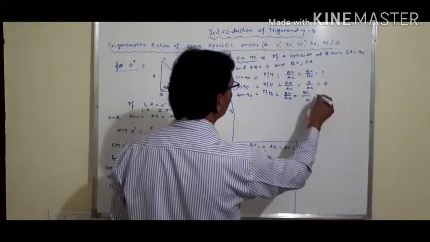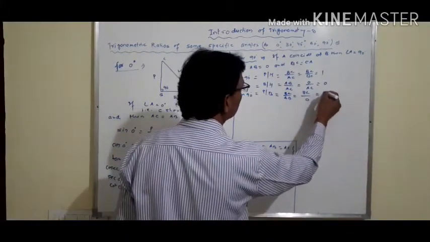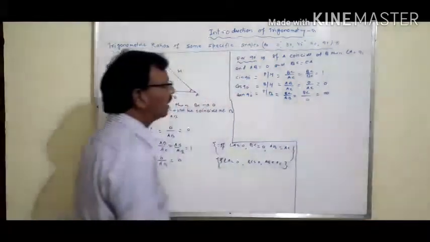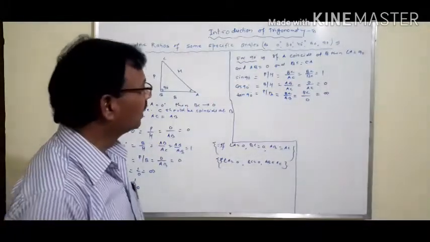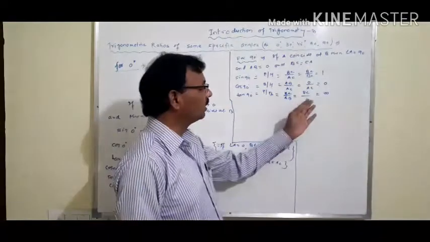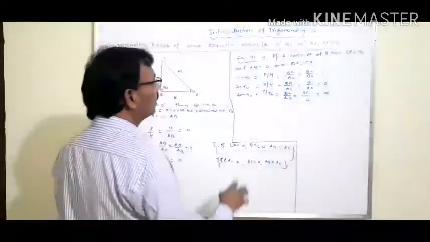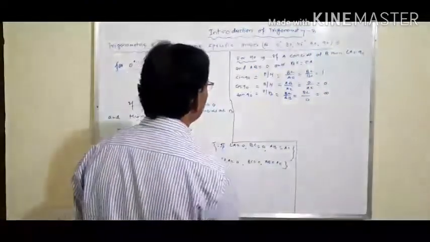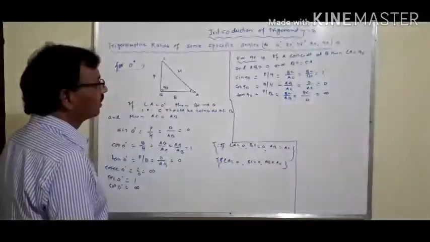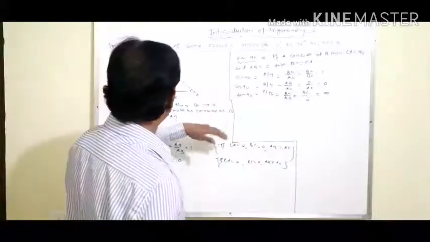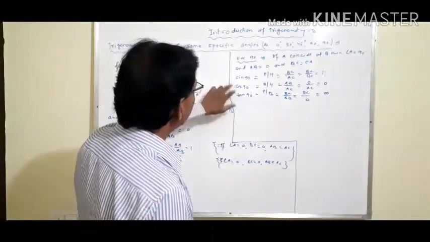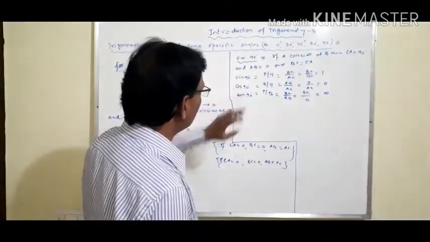So this will be infinite. Always remember, if any number is divided by 0, then the result will always be infinite. Now we have found sin 90, cos 90 and tan 90.